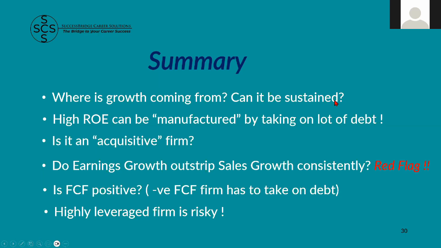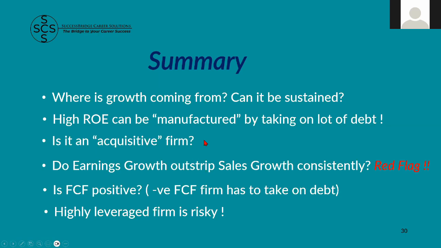Can it be sustained? And one should remember that the metrics or the ratios alone do not give you the entire picture. So, for example, a high ROE can also be manufactured, quote unquote, by taking on a lot of debt. So that is something that you should be quite aware of.